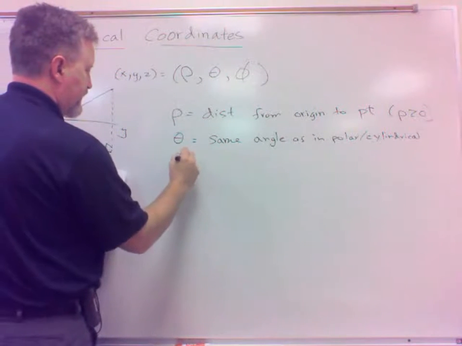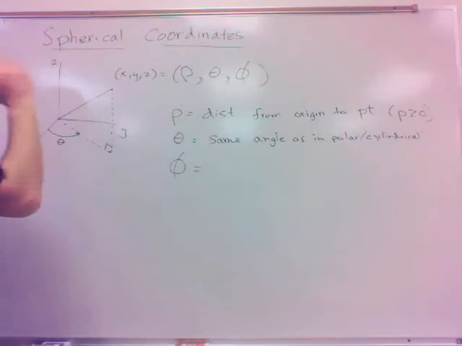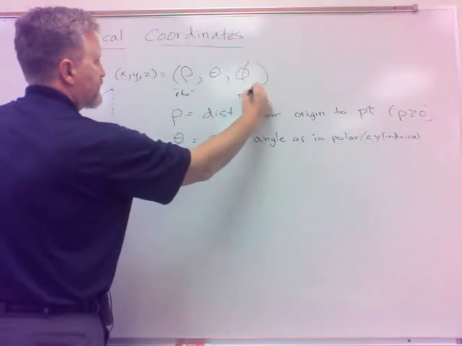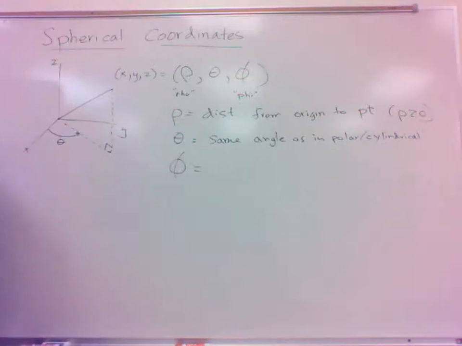Phi, on the other hand, this is rho, and this is phi. Phi is the angle that we make with the positive z-axis.